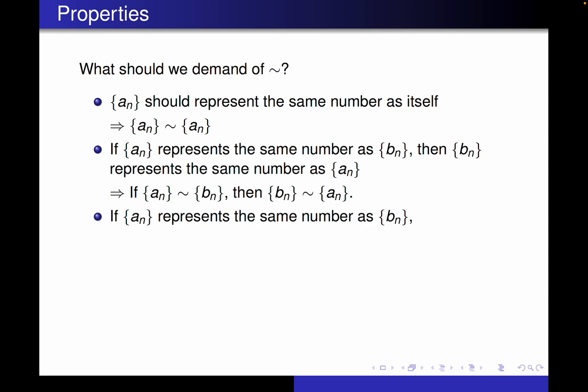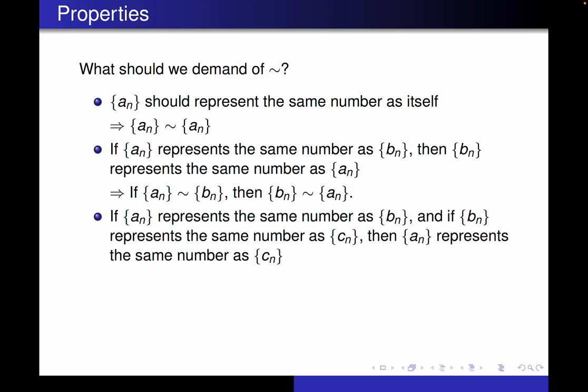And thirdly, if a_n represents the same number as b_n, and if b_n represents the same number as c_n, then all three of those sequences should represent the same number. In particular, a_n should represent the same number as c_n. And from the point of view of the relation, if a_n is related to b_n, and if b_n is related to c_n, then a_n has to be related to c_n.